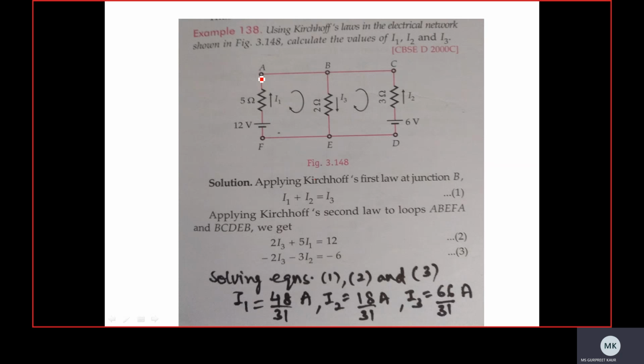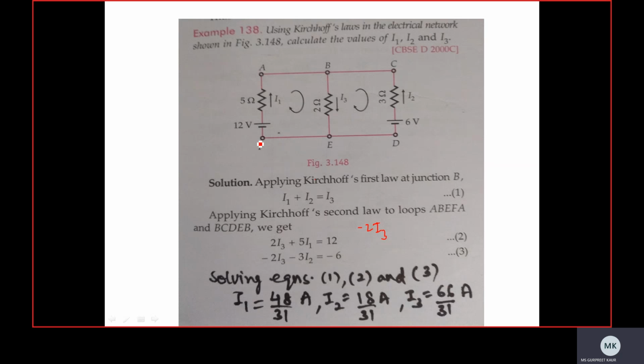You are moving clockwise, ठीक है. A से B, B से E, E to F, F to A. B से E when you are moving, your direction of motion and current are the same. Fall of potential, and you can write here as minus 2I3. In different books, signs and conventions can be the other way also, but the result which you will be getting will be the same. So minus 2I3, which I have made you understand like this, you have to use. E to F, no resistance, no EMF.